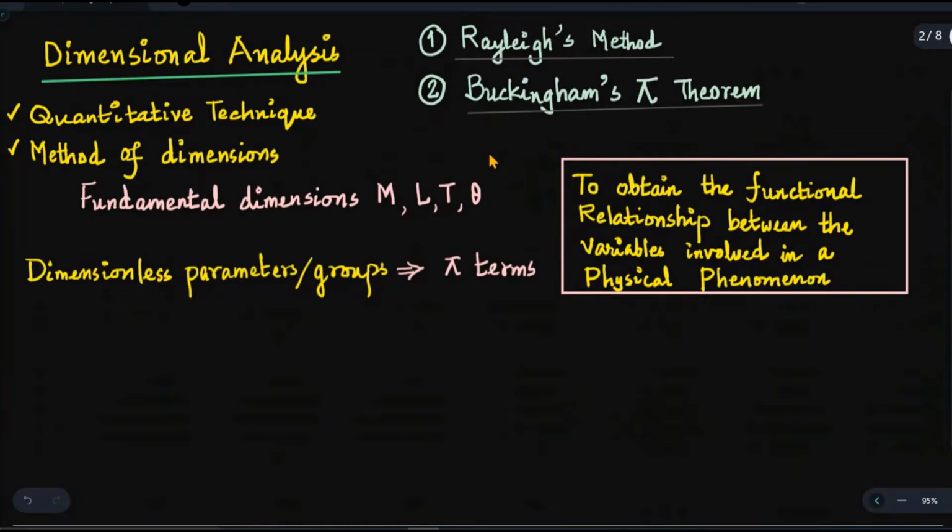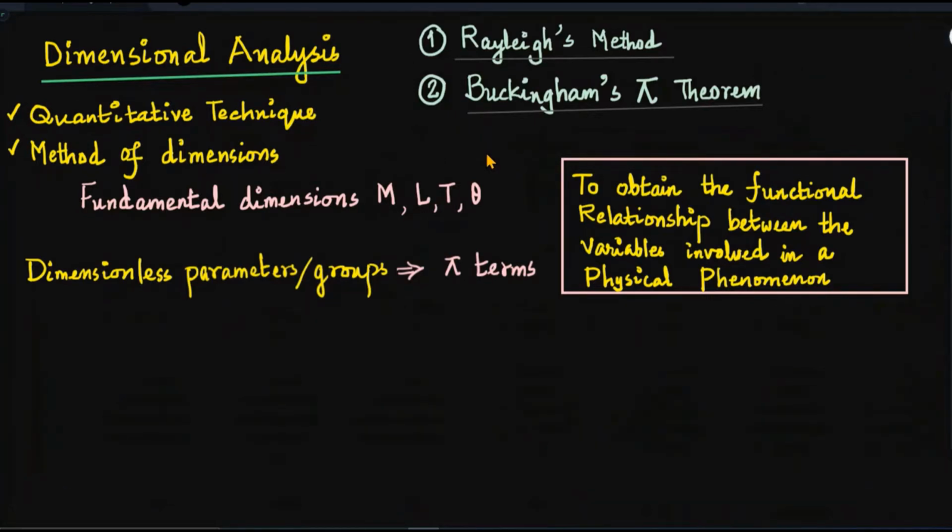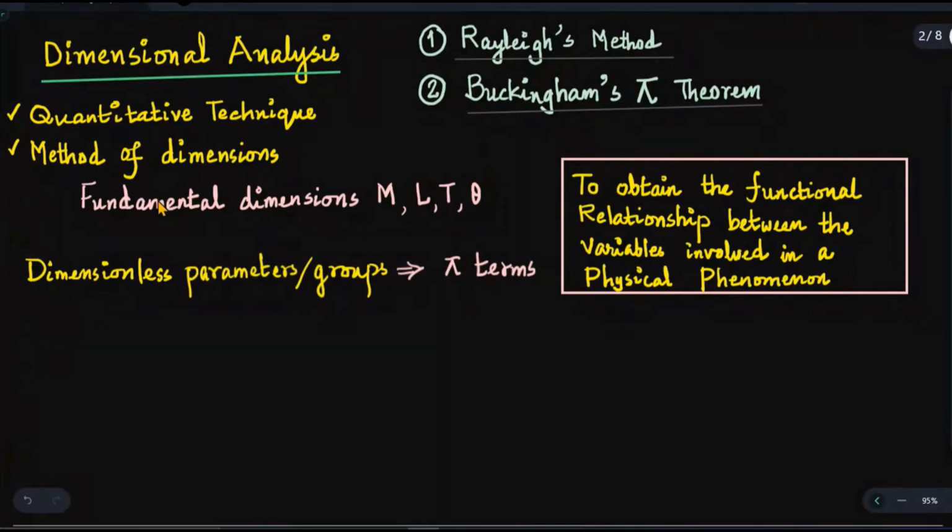It is simple to understand, and it can be used when the number of variables is more. When Rayleigh's method is used, we have a restriction on the number of variables. When the number of variables is more than 4, Rayleigh's method will not be so adequate, even if you can make use of it. But the Buckingham Pi Theorem doesn't have that constraint.